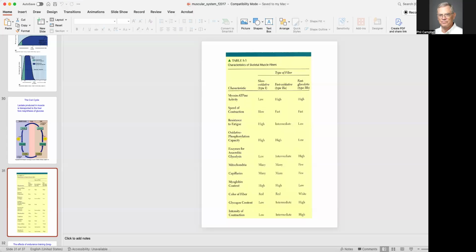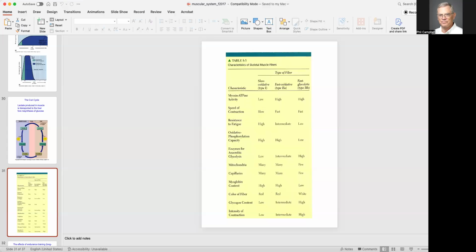Color of the fiber: because of this myoglobin, the fibers have a red color. And glycogen content is low, again, because we're focused on oxidative phosphorylation, and the intensity of contraction is also low. So these are the slow oxidative fibers.